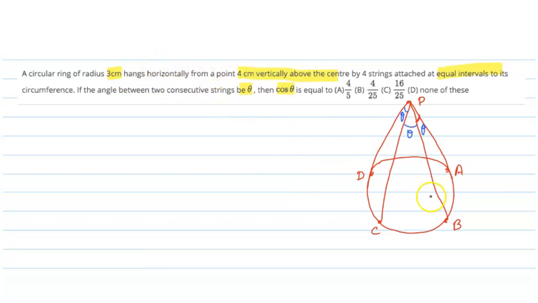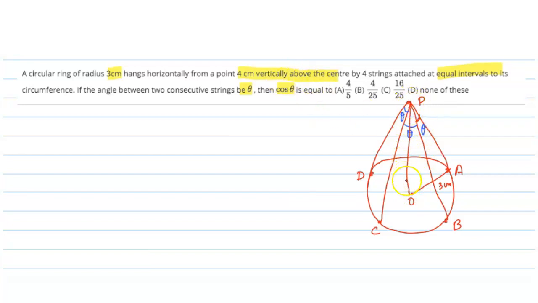And O is the center. Then OA is the radius. Radius is given as 3 centimeters. From O to P, OP, P is hanging vertically above the center.